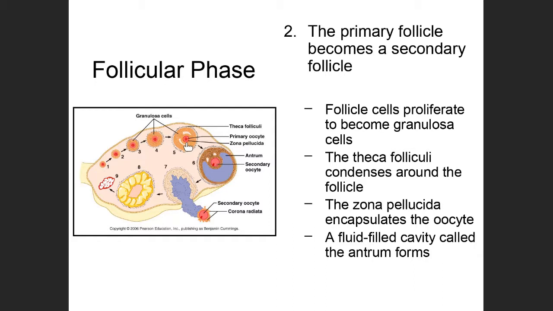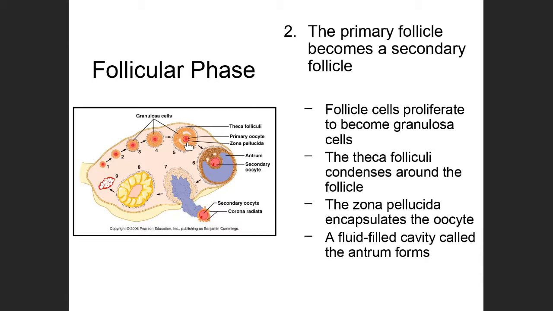So it's kind of a protective covering of the oocyte. And it's something that sperm, if it's going to fertilize that oocyte, has to be able to penetrate. So sperm in their head actually have a little capsule of enzymes that allows them to be able to penetrate through the zona so that they can fertilize the egg.